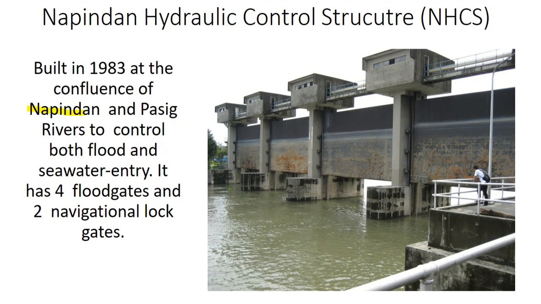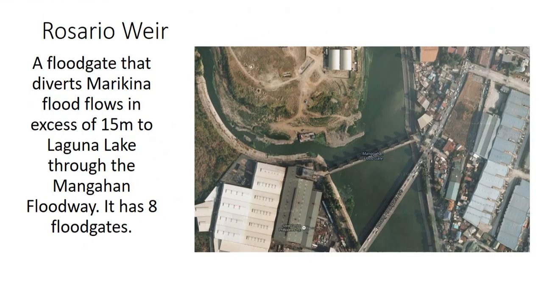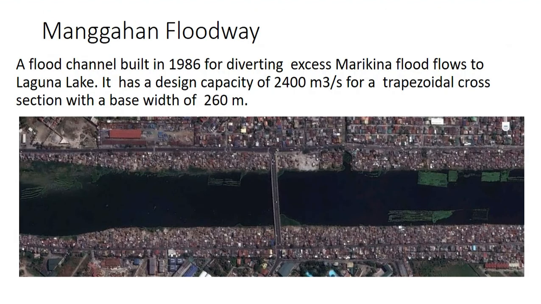First, your Napindan Hydraulic Control Structure, which basically connects Napindan and Pasig rivers through a flood control system. Next is your Rosario Weir for Marikina that connects to your Manggahan Floodway and Laguna Lake.